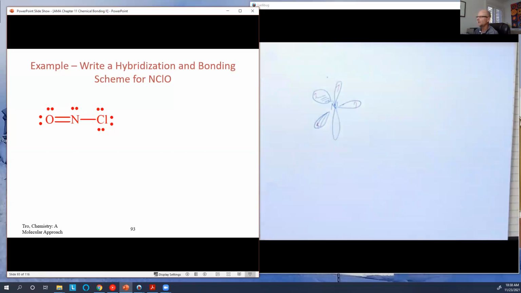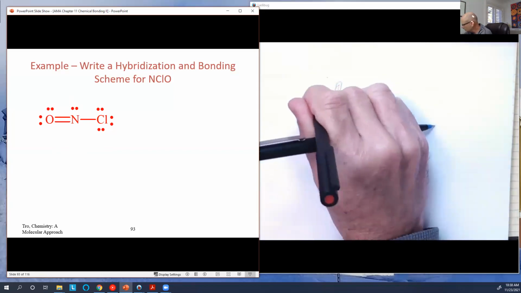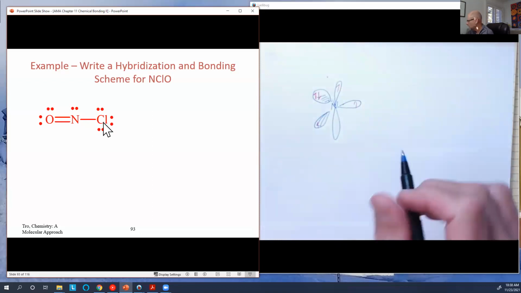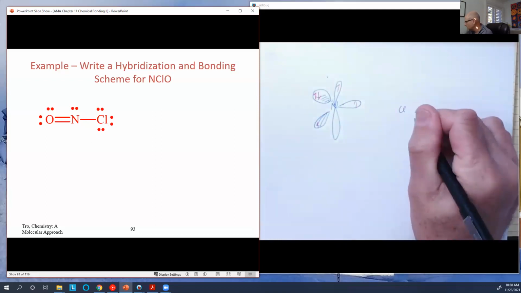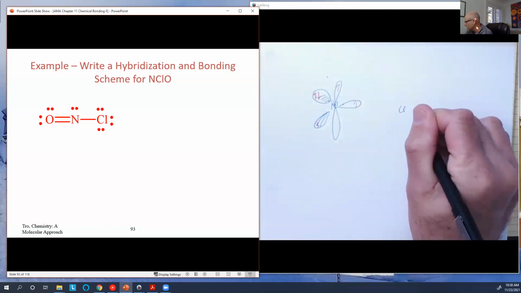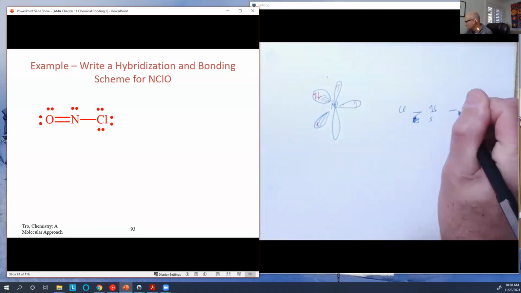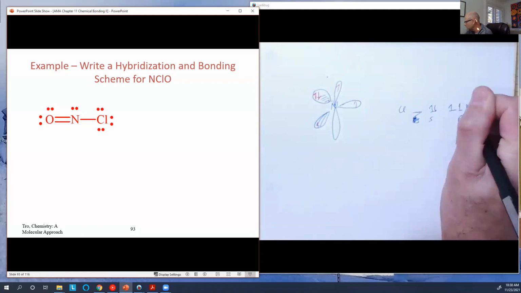If I again look at my Lewis structure, I know that I have 1, 2, 3 electron groups. One of them is a lone pair. I'm going to go ahead and put my lone pair right here. And then I'm going to form a bond with the chlorine. On the chlorine, I know that the electron configuration is going to be 3p5, 1, 2, 3, 4, 5.